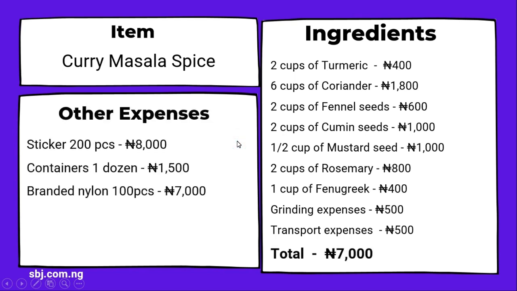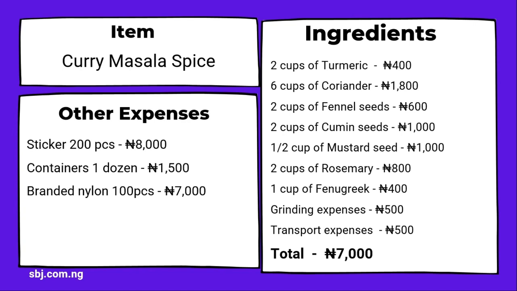We also have other expenses. So for our spice business, of course, she incurred 8,000 naira. She bought 200 pieces of sticker, containers for packaging the spices, 1,500, and branded nylon 100 pieces, which is 7,000 naira.